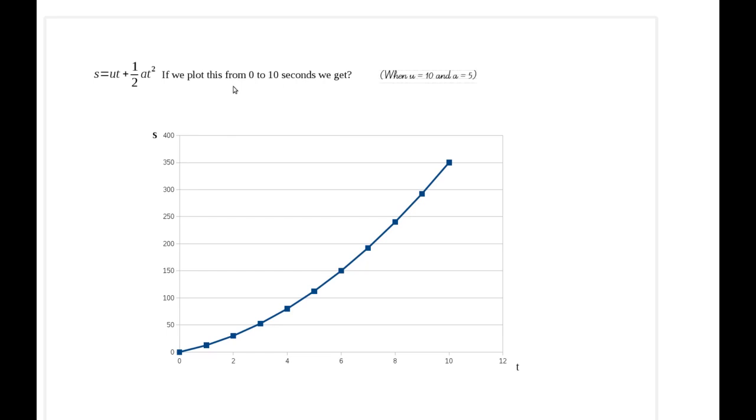So what we can do, having got our graph, or some figures in a table, is this: if we want to find the gradient at 6, we could do our rise over our run.